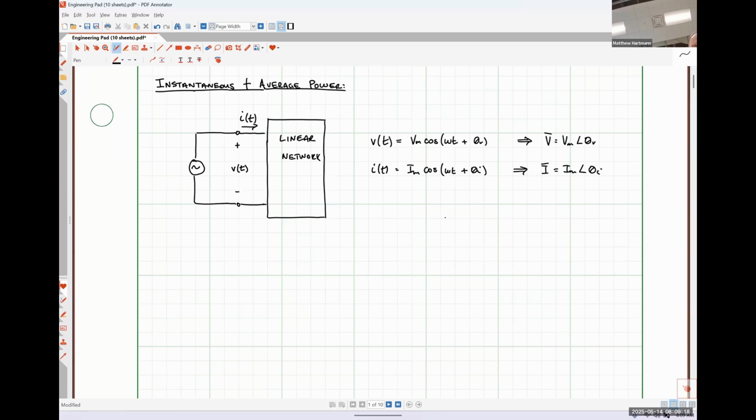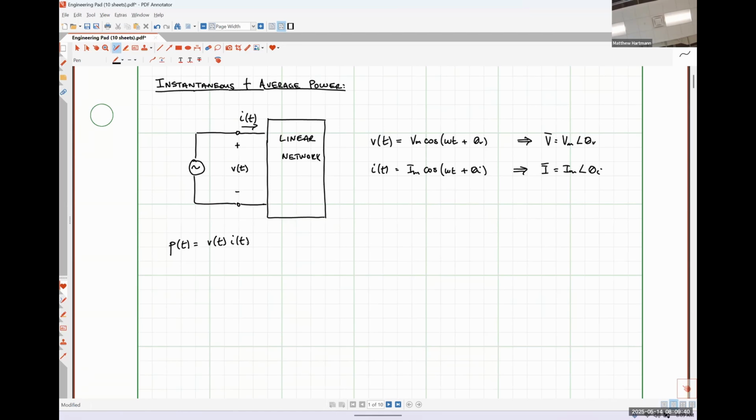So we're going to say that our instantaneous power, P of t, is simply going to be the product of our instantaneous voltage V multiplied by our instantaneous current I, okay? So power is equal to current times voltage, nothing particularly mind-blowing there, right?